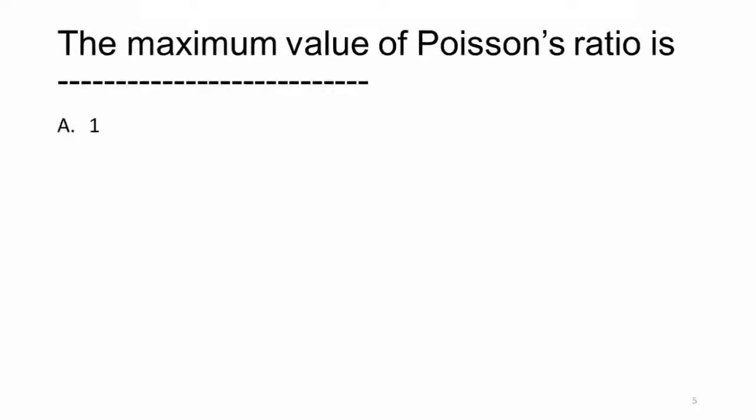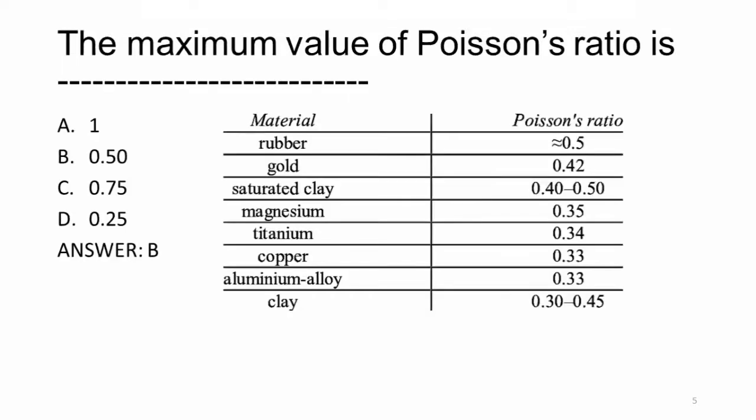First option is 1, second option is 0.5, third option is 0.75, and fourth is 0.25. So here the correct answer is option B, 0.5.